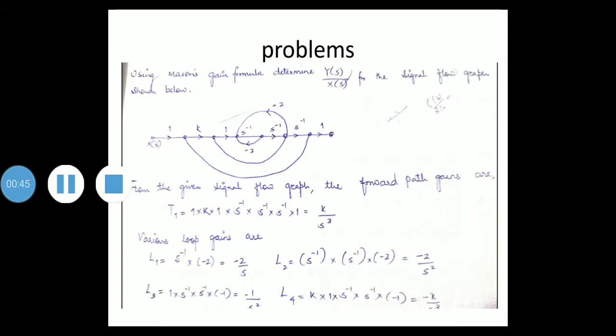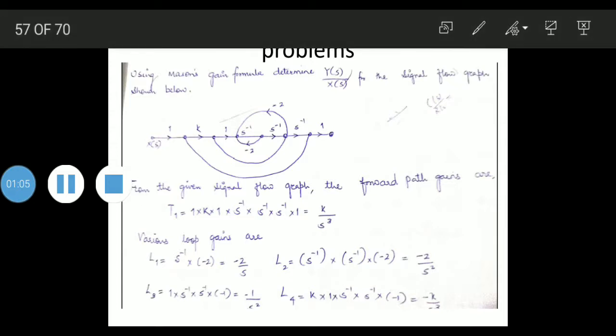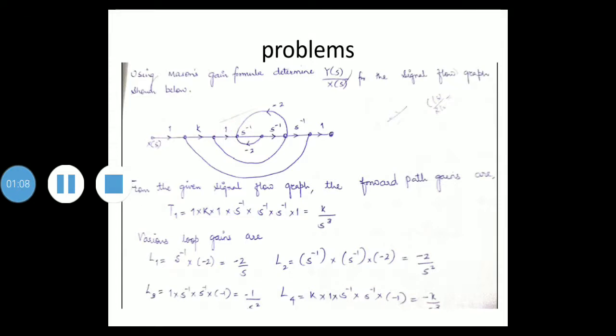There is only one forward path, which we denote by T1, and we'll write its gain: T1 equal to 1 into k into 1 into s raised to minus 1 into s raised to minus 1 into s raised to minus 1 into 1. This is the only forward path.